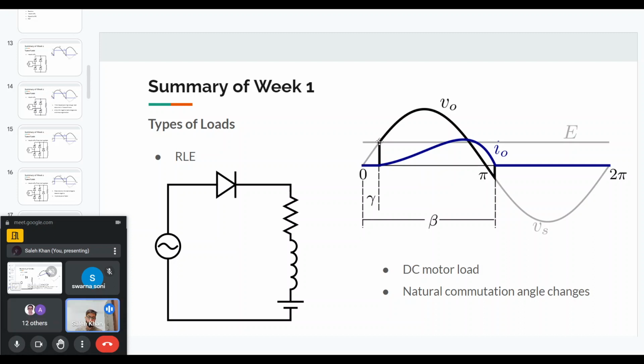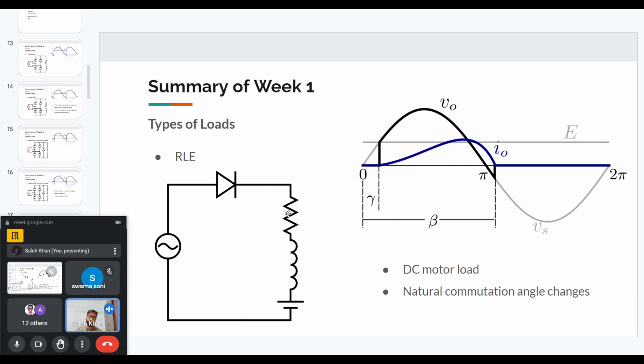Before the supply reaches the E level, the diode will remain reverse biased, because if there is no current flowing, the voltage at the cathode of the diode will basically be the E potential. As long as the supply voltage is less than E, the diode remains reverse biased, and after the supply voltage crosses E, it will turn on. Then we will get the voltage at the output.